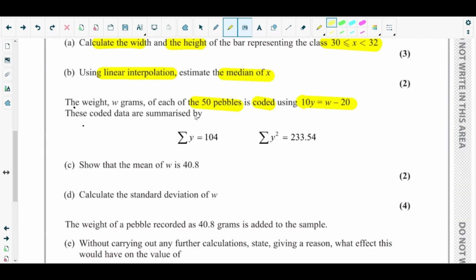These coded data are summarized by summation of y and summation of y squared, which are given. So part C asks to show that the mean of W is 40.8. This is the concept from coding, that is from chapter 2, right?